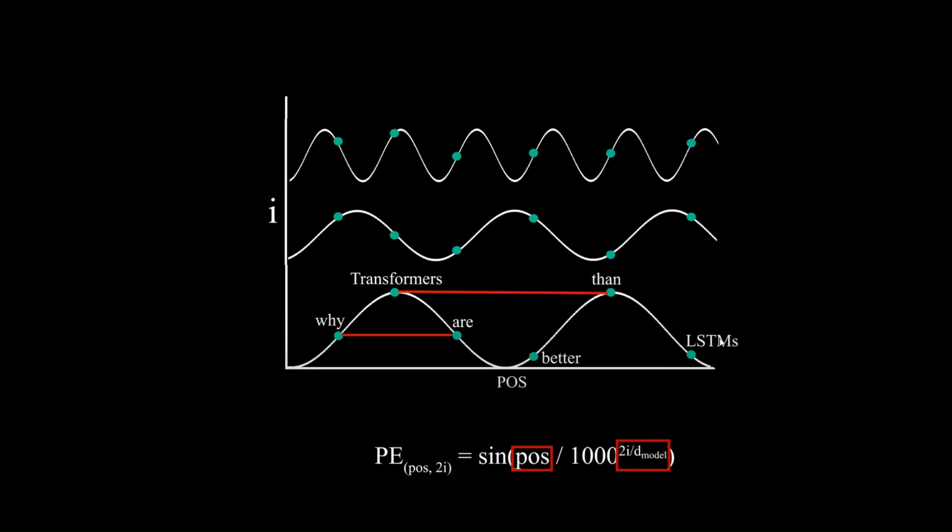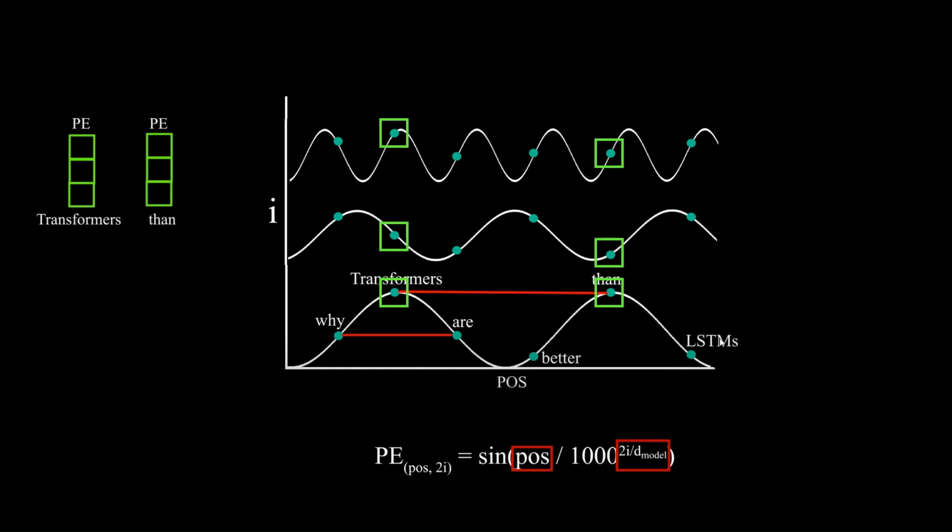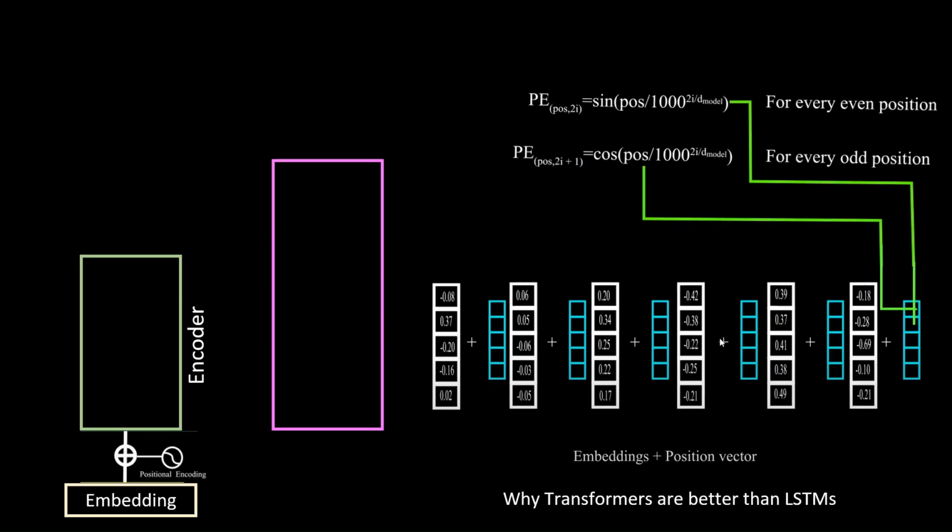Now, if two words have the same amplitude in one dimension, then we check another dimension, and for that dimension the values will differ. By taking the values on the y-axis for each word, we will have our position vector, which will be added to our embedding vector to output the final vector.